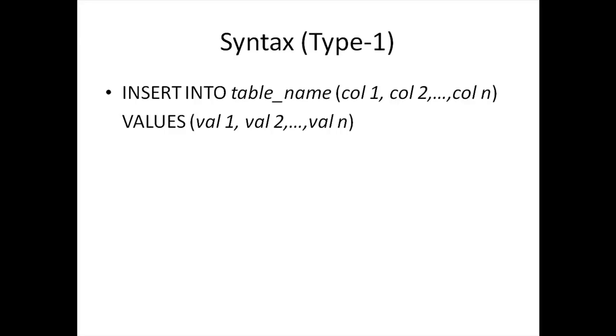So if you want to put in your data in n columns, then you type in column 1, column 2, column 3 up to n columns, and then you type in another keyword, values, and then within another set of parentheses you specify the values that you want to be inserted in the columns 1 to n, right?